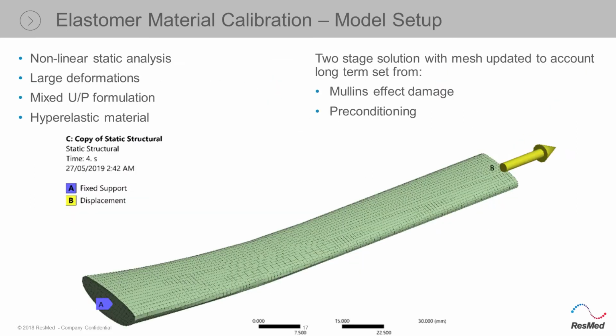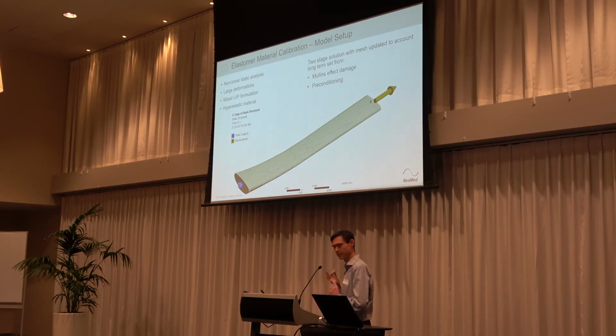So we built our FEA model. That was quite the easy bit. So just essentially took our CAD model and meshed it. In this case, that was meshed in ISOM to just get a really quick hex mesh on it. And then because it's an elastomer, we had the usual things of having to use large deformations, the hyperelastic material, you can't do one without the other, and you need to enforce a mixed displacement pressure element formulation.